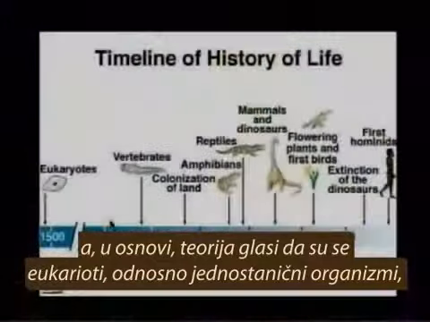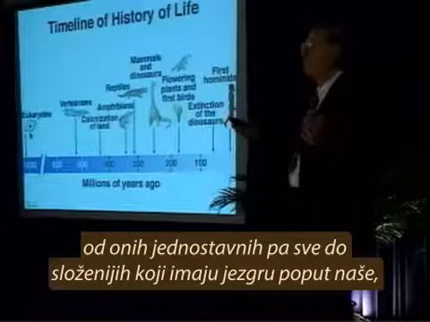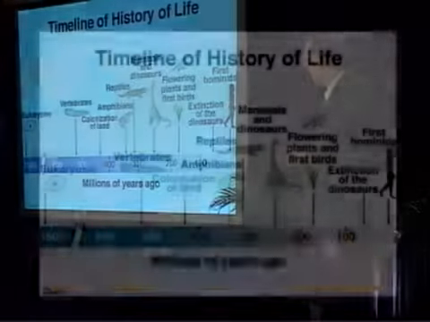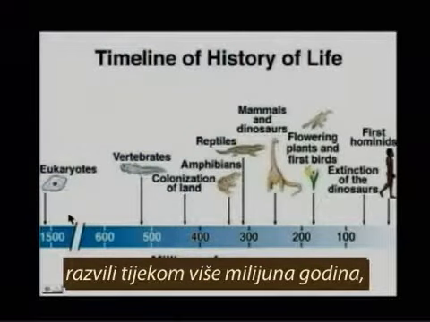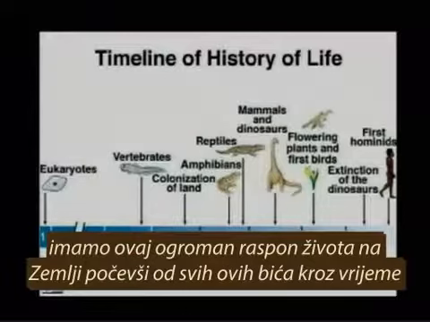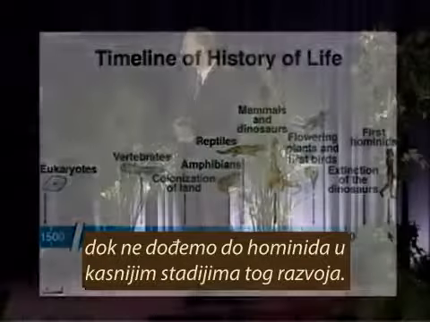Basically, the theory goes that the eukaryotes, the unicellular organisms, from the simpler ones to the ones that have a nucleus like we have, evolved over millions of years, and then from some 600 million years ago, suddenly we have this tremendous record of life on Earth, starting with all these creatures through time until we get to the hominids in the later periods of this development.